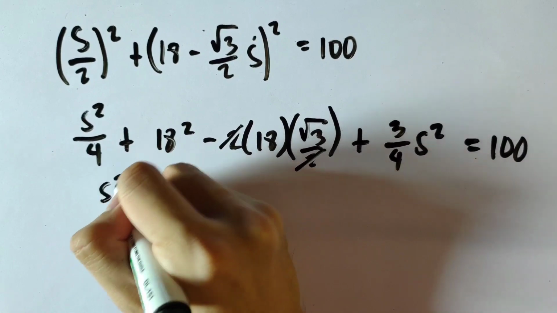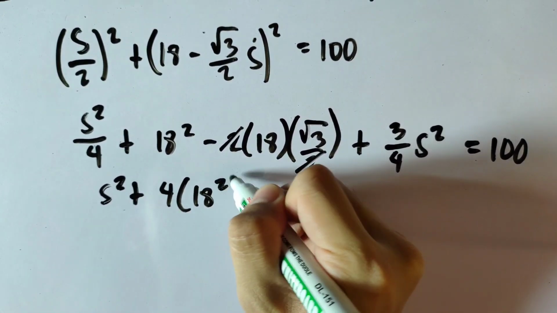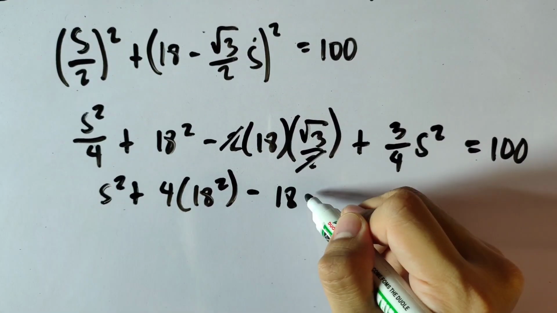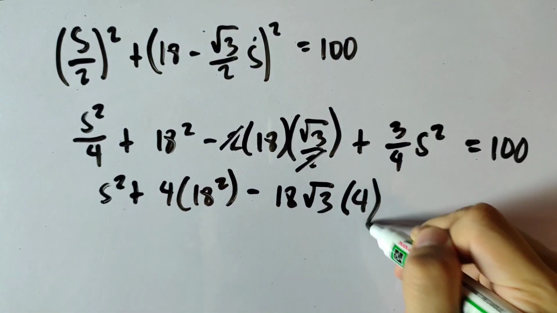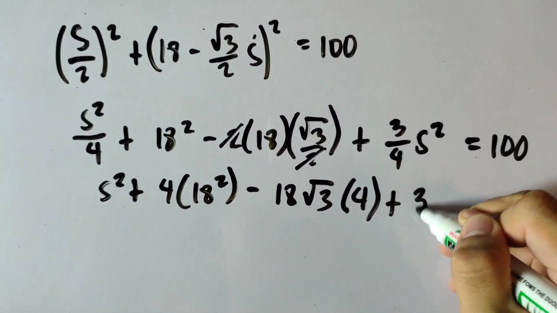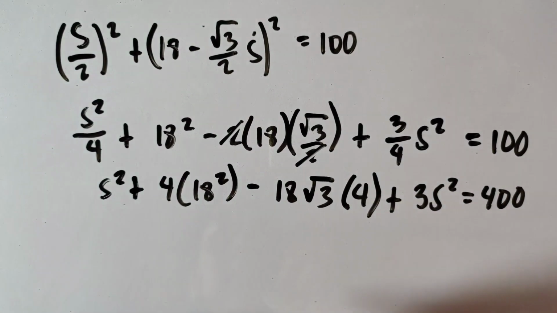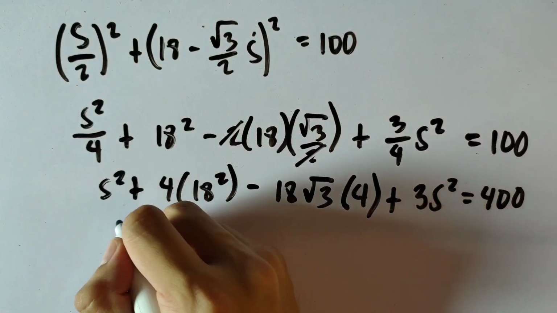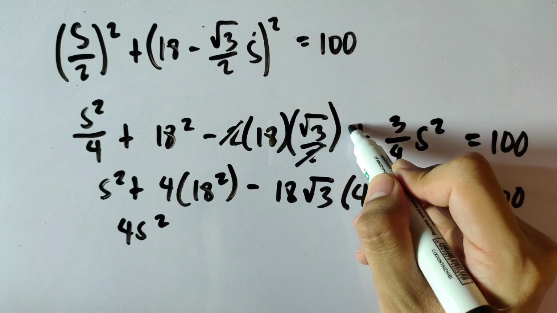So, ito magiging s squared plus 4 times 18 squared minus 18 square root of 3 times 4 plus 3s squared is equal to 400. So, i-collect natin yung similar terms. So, magkakaroon tayo ng 4s squared. By the way, meron pala dapat s dito.